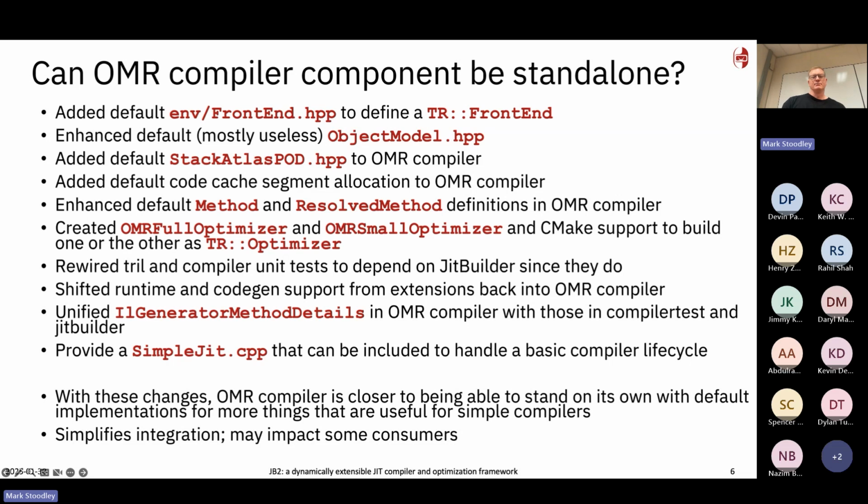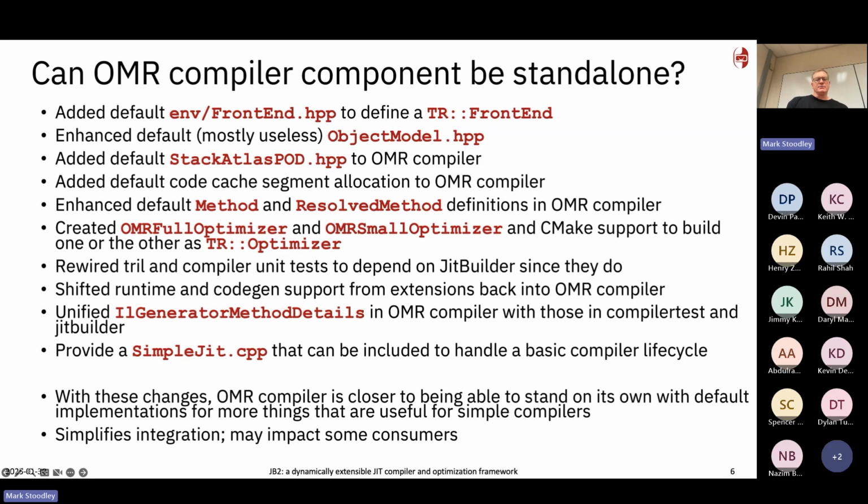The extensions based on JitBuilder also used some JitBuilder concepts when initializing an IL generator method details that they didn't really need to. So I simplified some of the consuming code in our compiler extension so that it didn't use the JitBuilder concepts to provide the details of the generation.